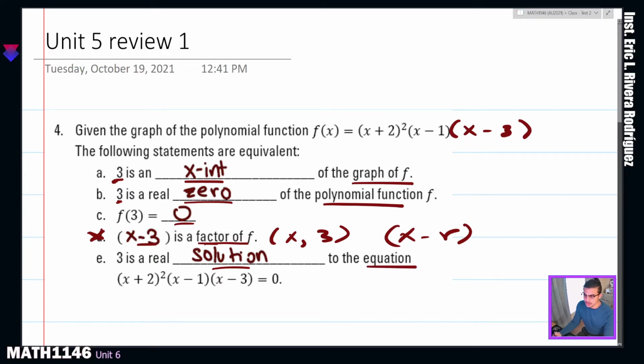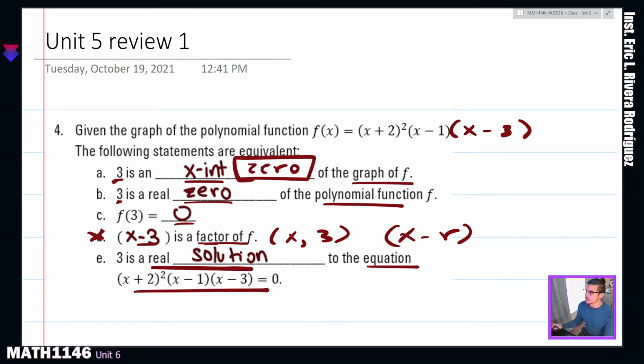And when we are in the context of an equation, like this one, we say that 3 is a real solution, right? So I took points away from this one. If you use 0 here, it is not wrong, but it doesn't make sense in the context, okay? So we want to make sense in the context that we're talking about, all right? So that's important.